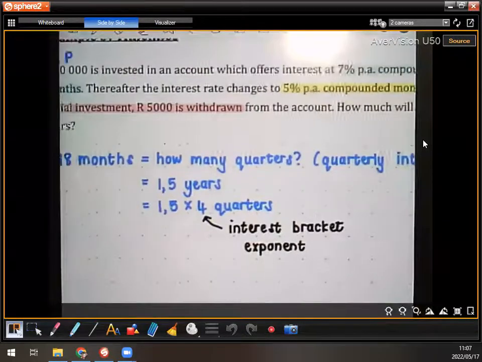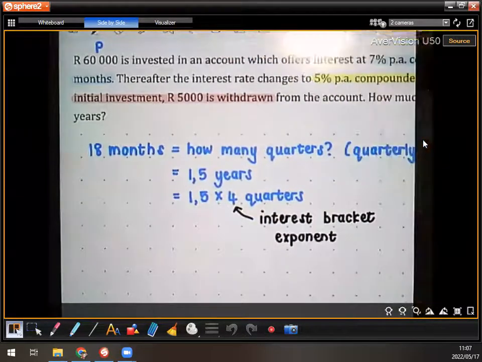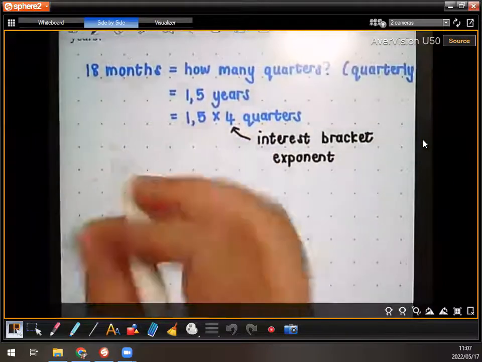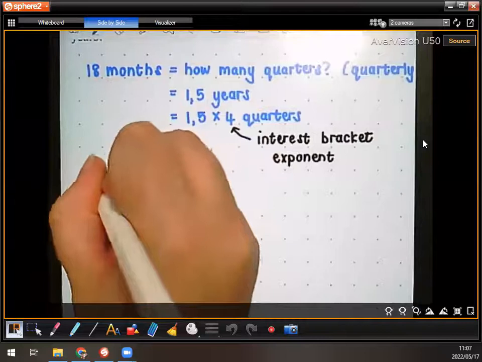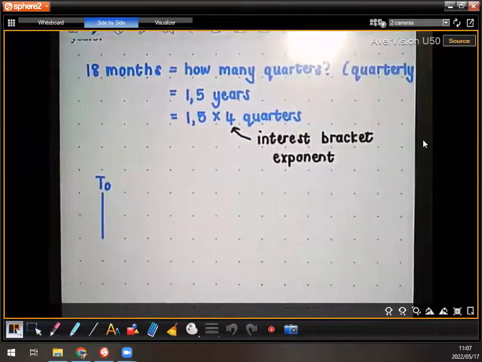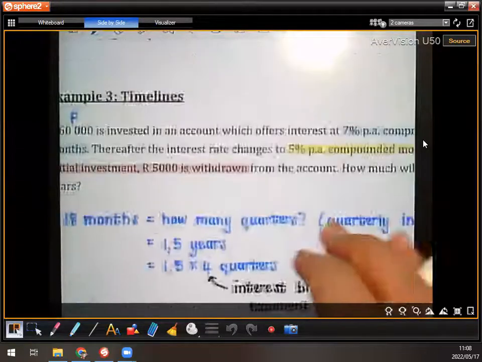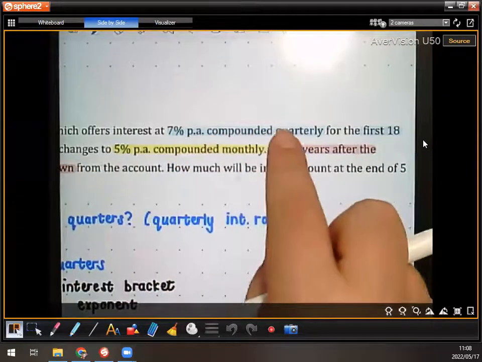So guys, again, I'm going to set up a timeline now. We always start with T0, and the initial investment is going to be at T0. What was the interest rate that we had there from the beginning? 7% quarterly.